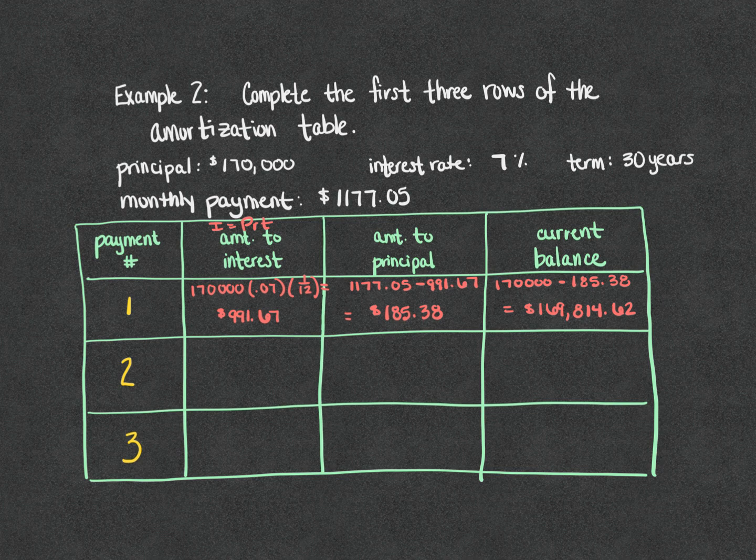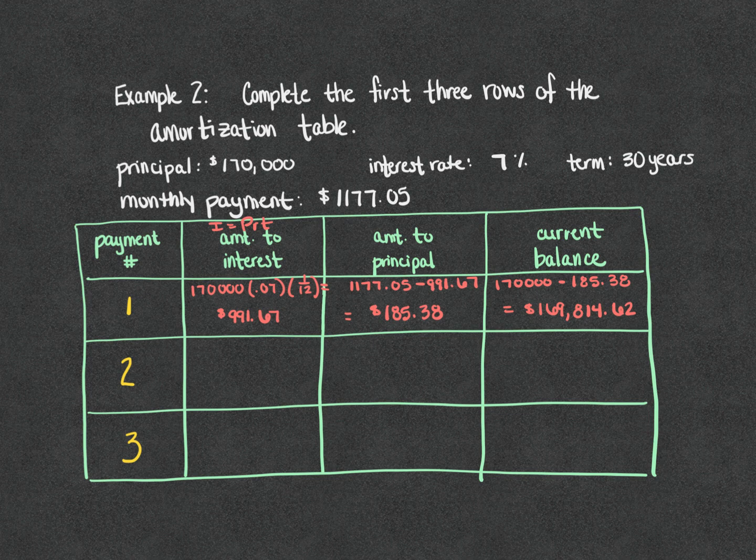So that can be a little discouraging, right? You look at all that money you paid, almost $1,200, and the amount you owed the bank goes down by less than $200. When the second payment rolls around, we now have a new principal amount owed. The new principal amount is this $169,814.62.